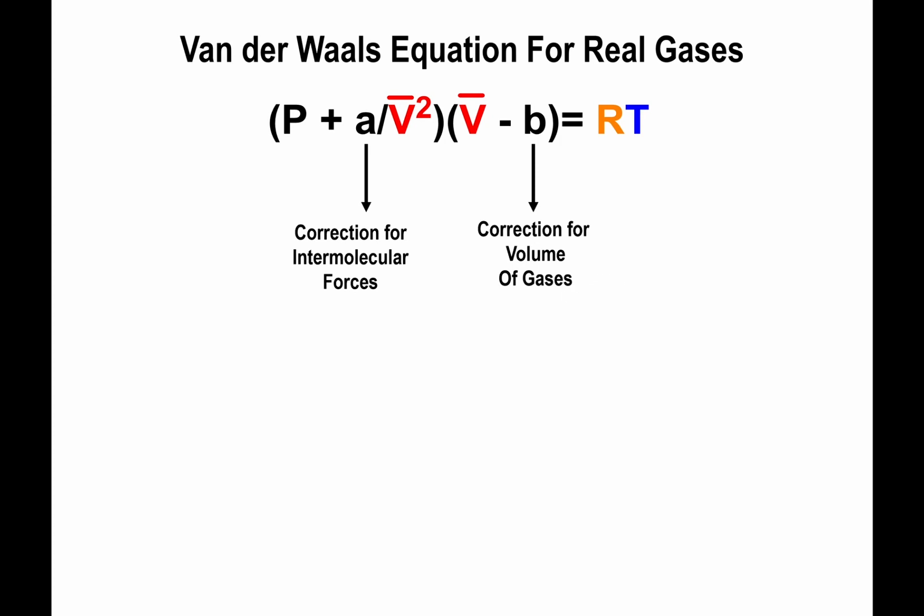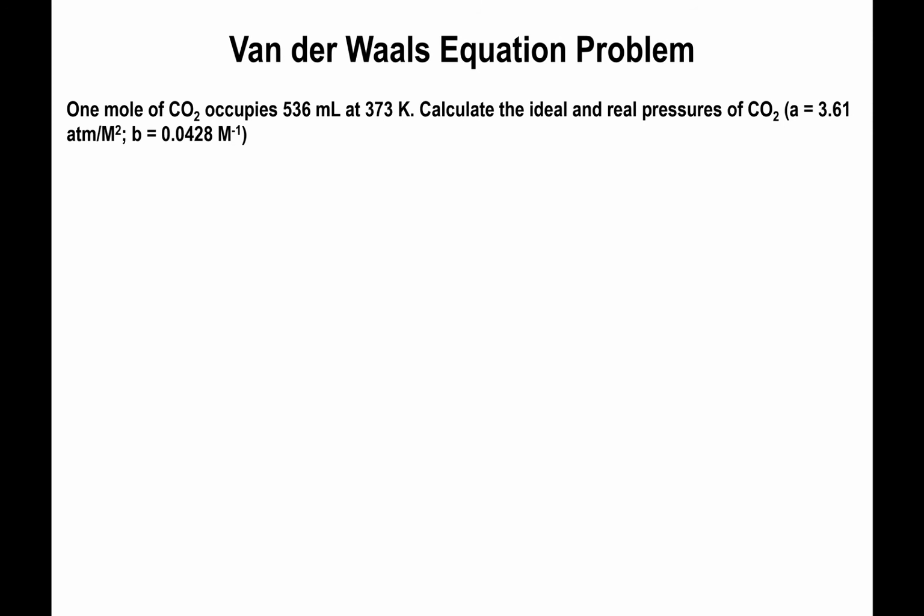Now, a and b are constants, and these constants depend on the identity of the gas. They differ from gas to gas, and as such, they need to be given to you in a problem involving real gases.